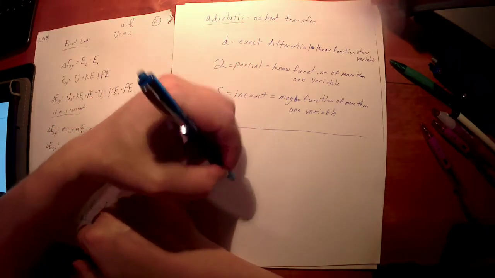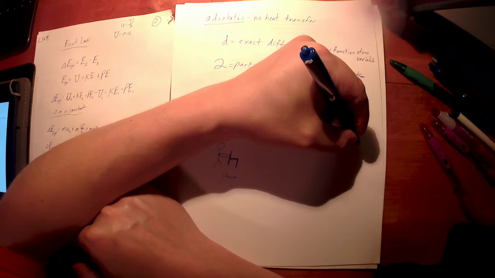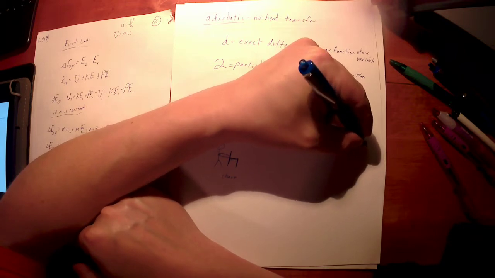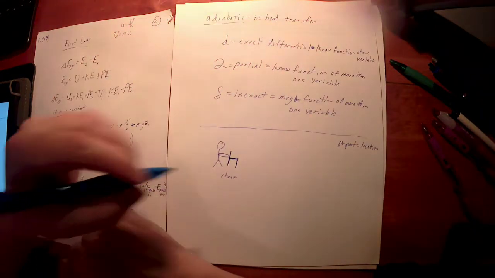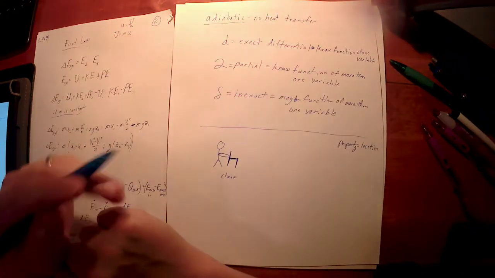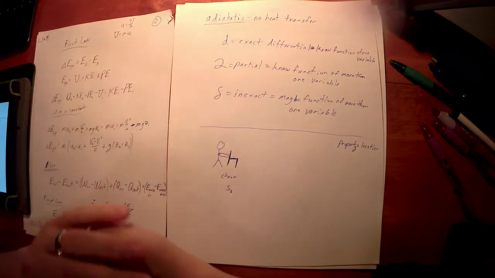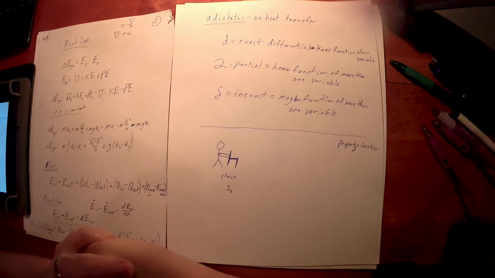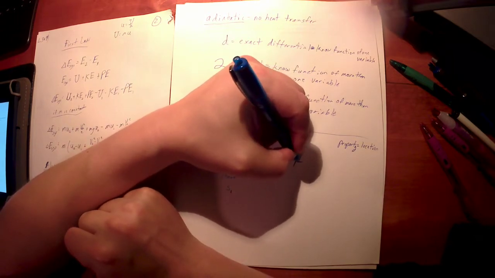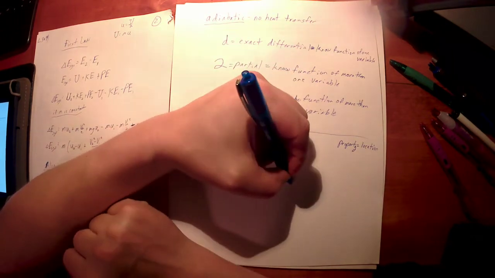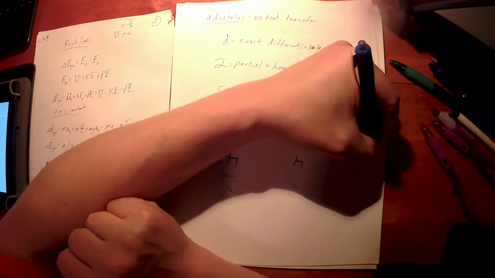And let's say we have a property equals the location. The location of the chair, we can call that a property. So this is location 1, S1 we'll say. And let's say that the instructor somehow moves that chair to location 2, S2.